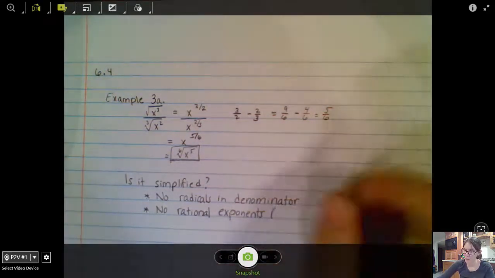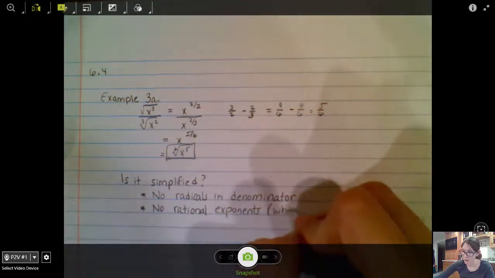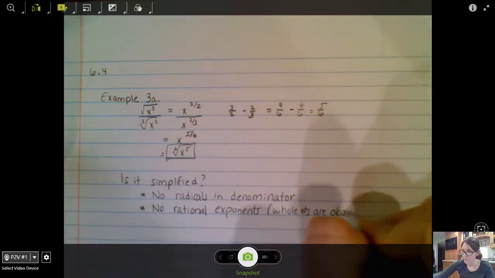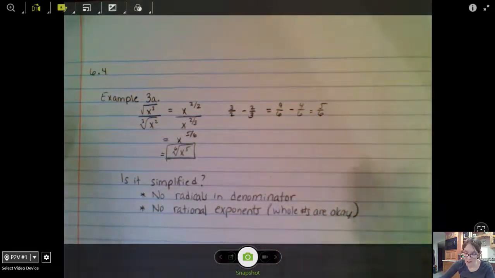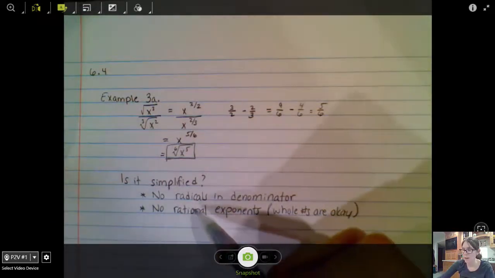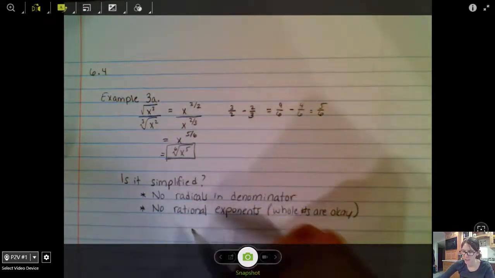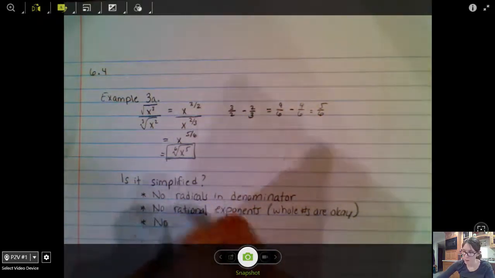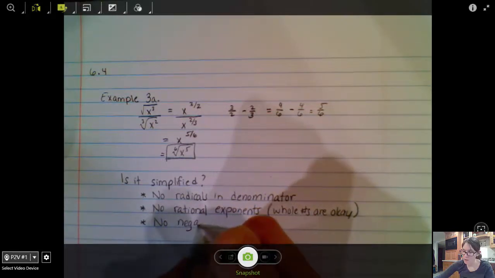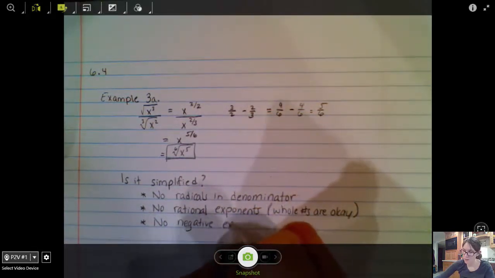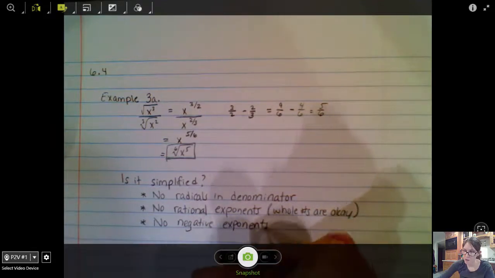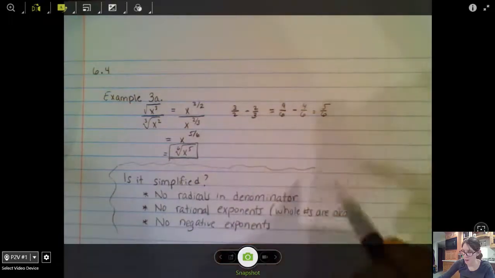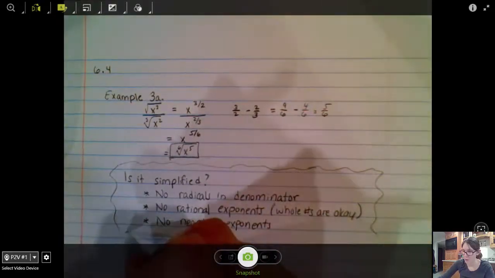And I'm just going to clarify in here that whole numbers are okay, because whole numbers are rational numbers as well. We just don't want any exponents that are like 2/3 or 3/5. And my last rule for is it simplified, we don't want any negative exponents. So whenever you're asked to simplify, we just want to make sure all 3 of these things are true: no radicals in the denominator, no rational exponents, no negative exponents.